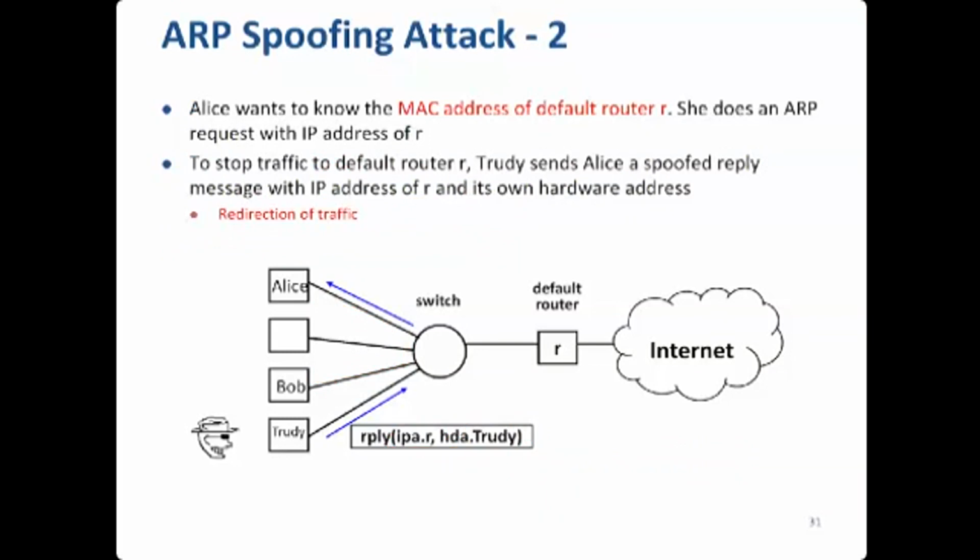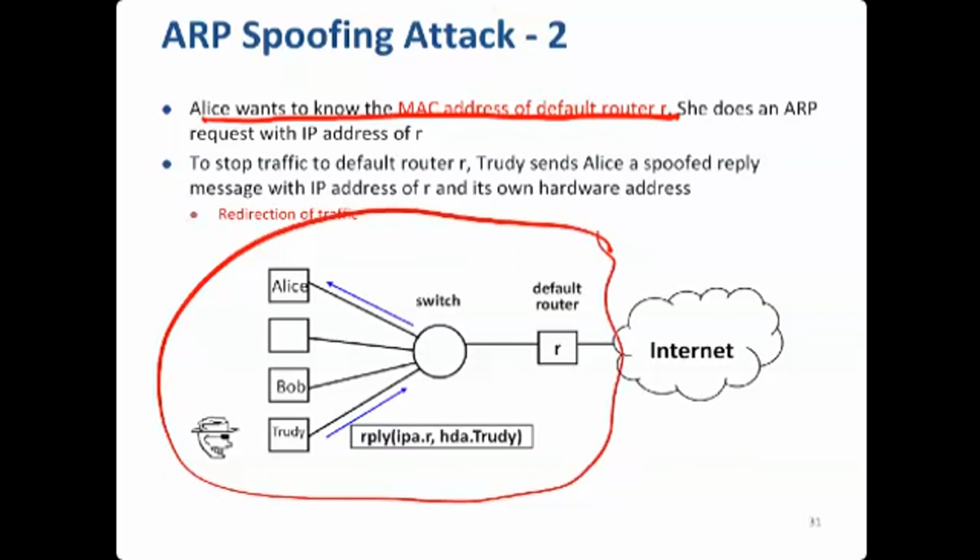The second thing is that here Alice wants to know the MAC address of the default router, because the DHCP response has given the default router's IP address, and all this is part of one local area network.